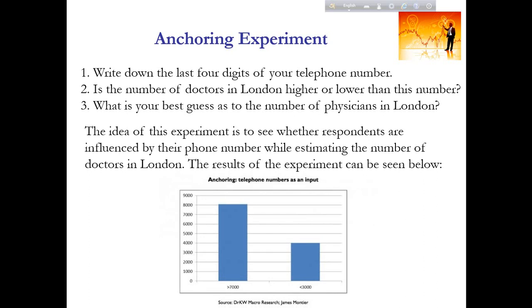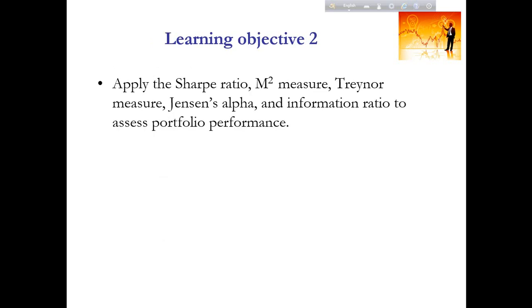So this series of questions was asked of a whole lot of participants in an experiment. Those people whose last 4 digits of their phone number were greater than 7,000 gave an average number of doctors in Newcastle of about 8,000.